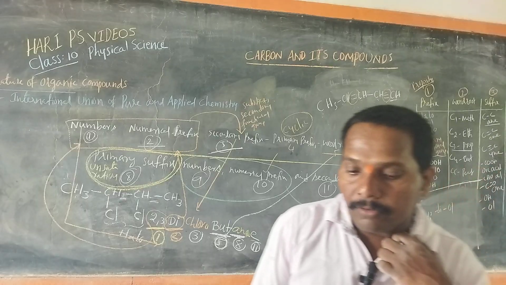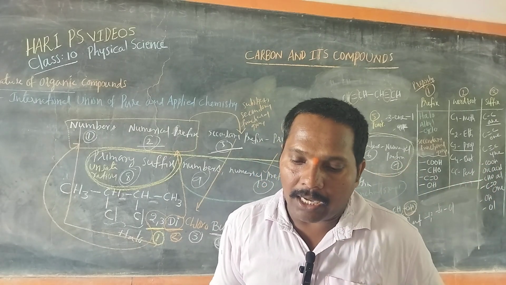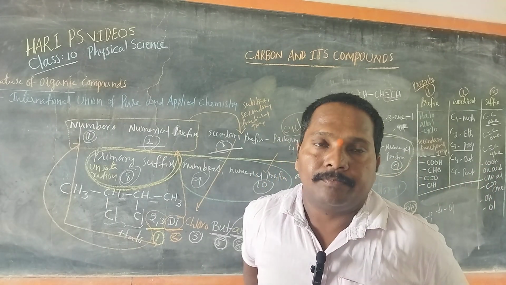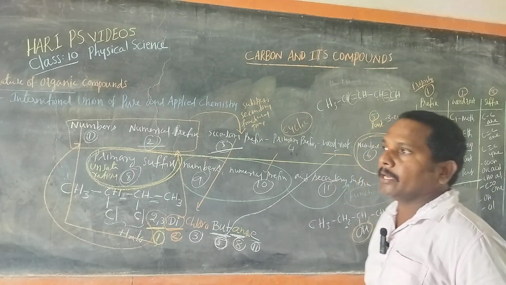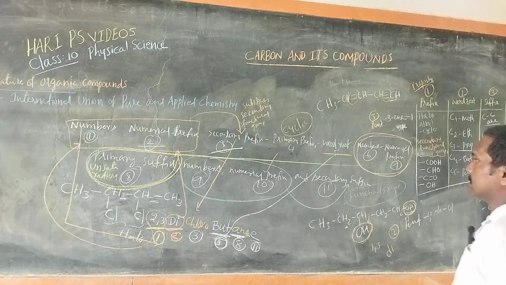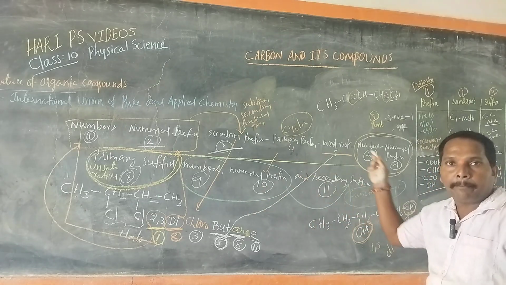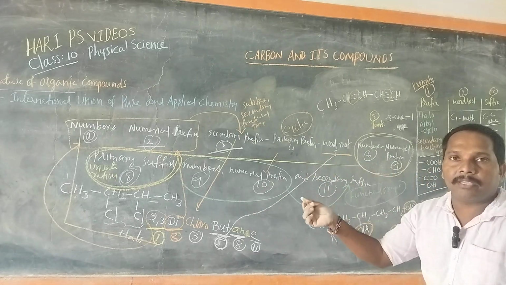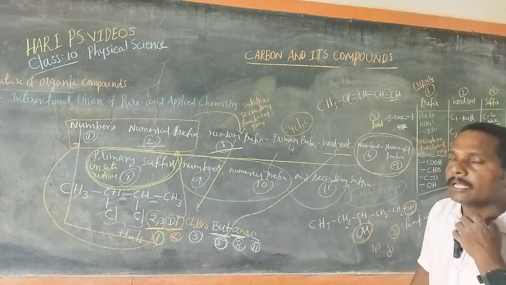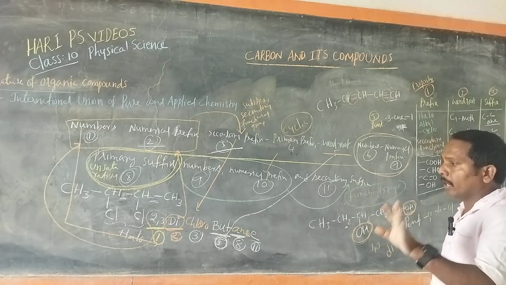Numbers are separated by comma. That means number prefix and number suffix are separated by comma.